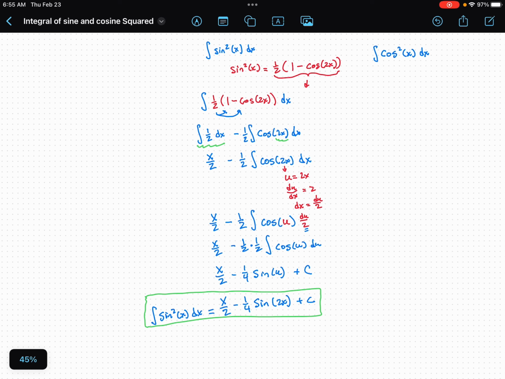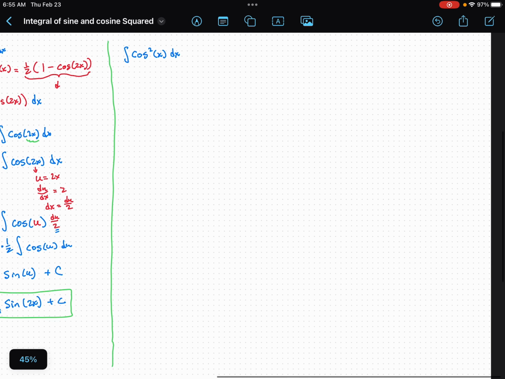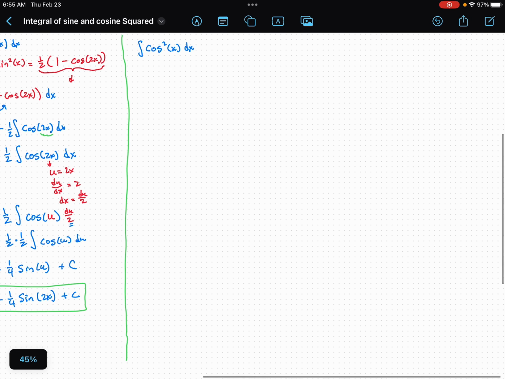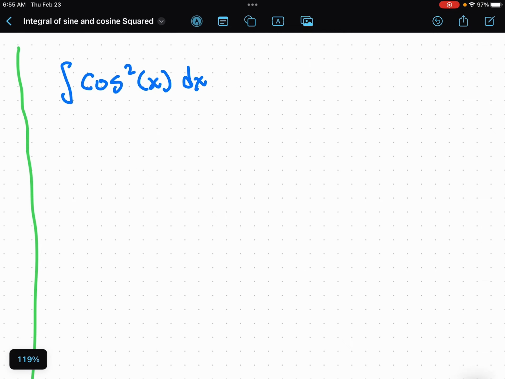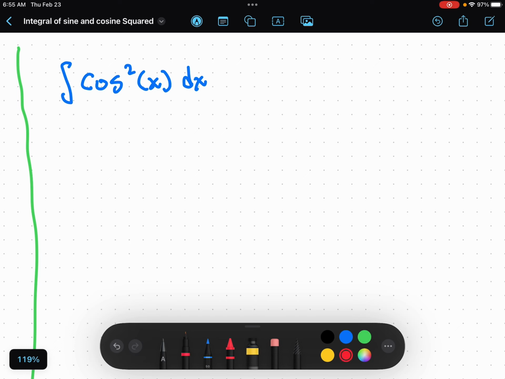Maybe I'll talk less when I do that, but let's draw a green line in between these, and then we'll slide over and do this one. And we'll have them both right here. The identity that we'll use for this one is similar.